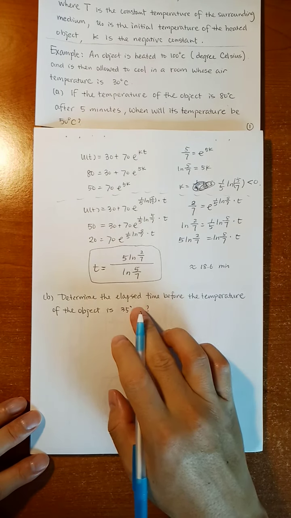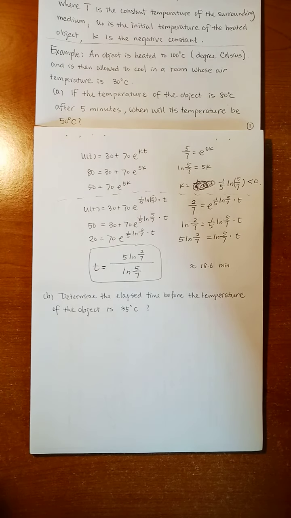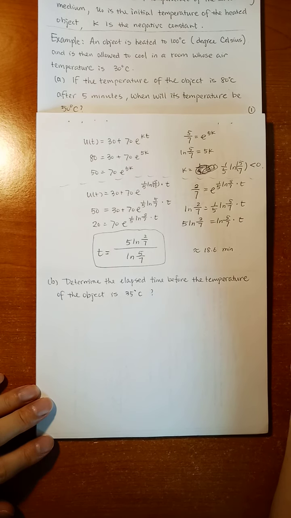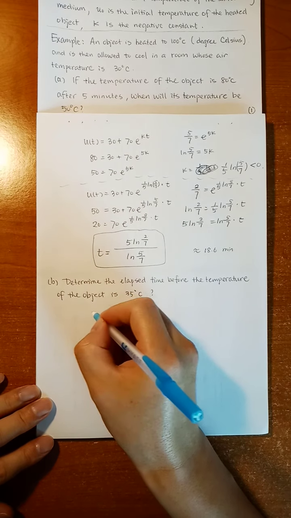Well, determine the elapsed time. It's still the same question. Find the time so that the temperature is 35. Okay, so you just replace this 50 by 35.